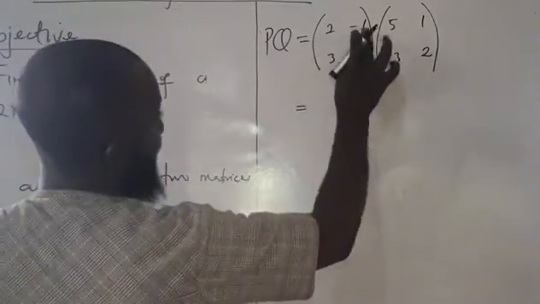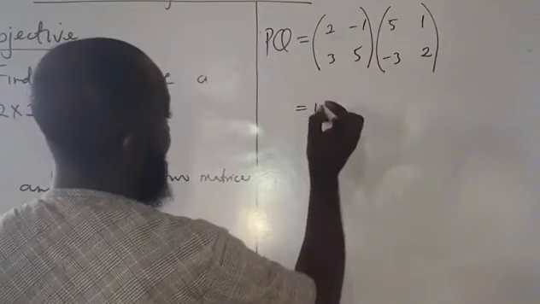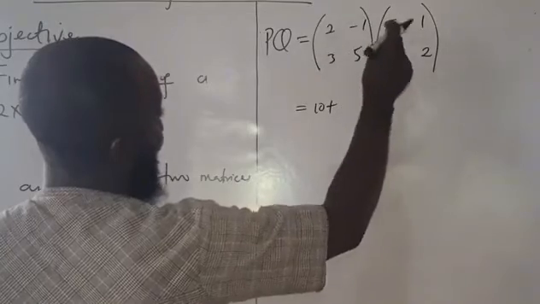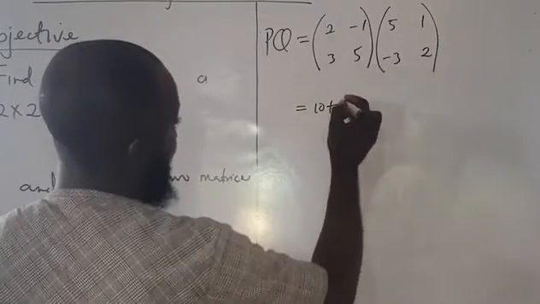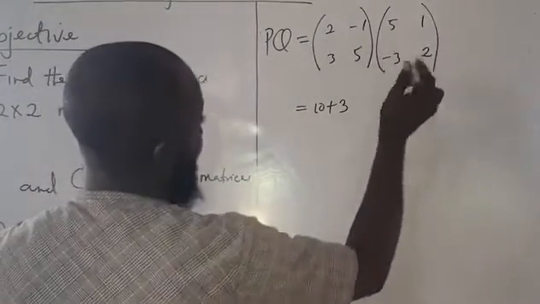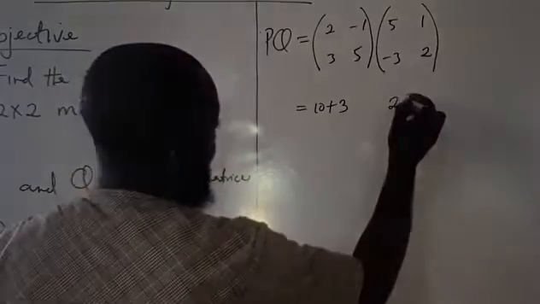That is row multiplied by column. So 2 multiplied by 5 is 10, plus minus 1 times minus 3, which is plus 3. Then 2 multiplied by 1 gives 2, then minus 1 times 2 is minus 2.